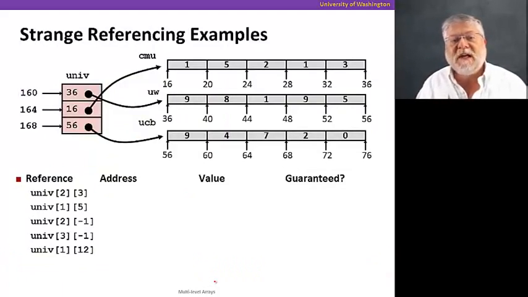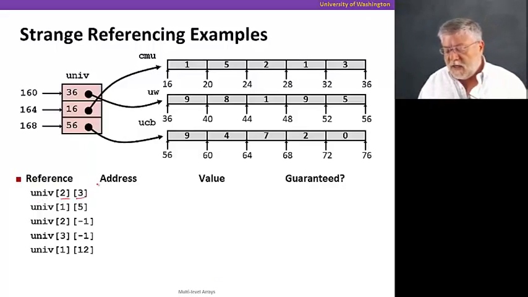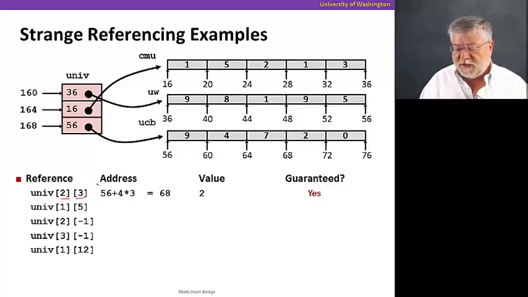Okay, let's complete this video the same way we did the previous one with some examples of accesses. So let's go to Univ 2.3. The address computation here, you'll notice, is first to get the starting address of the third element of the univ array.